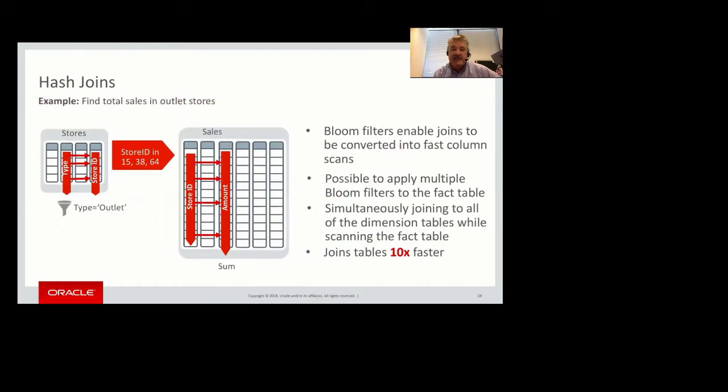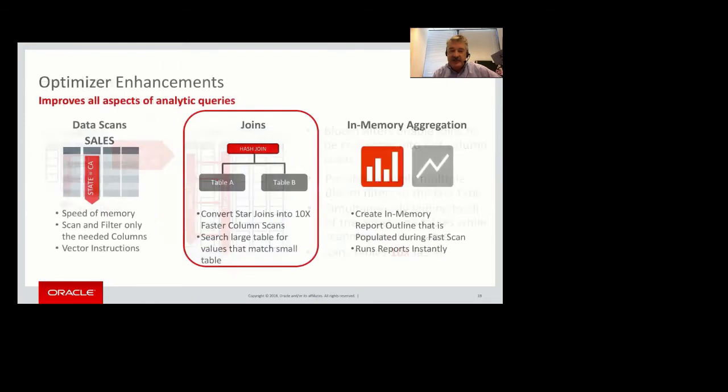In addition to that, we support hash joins. Hash joins can actually be turned into scan and filter operations with the use of Bloom filters. That's another significant speed up the optimizer can use in queries that do joins.